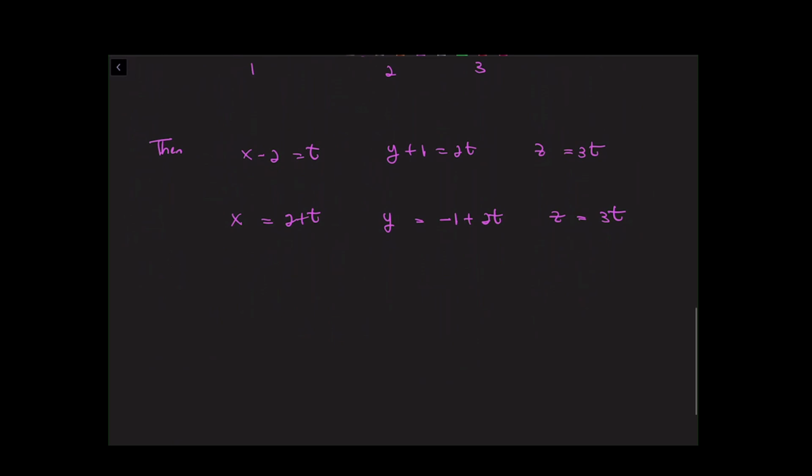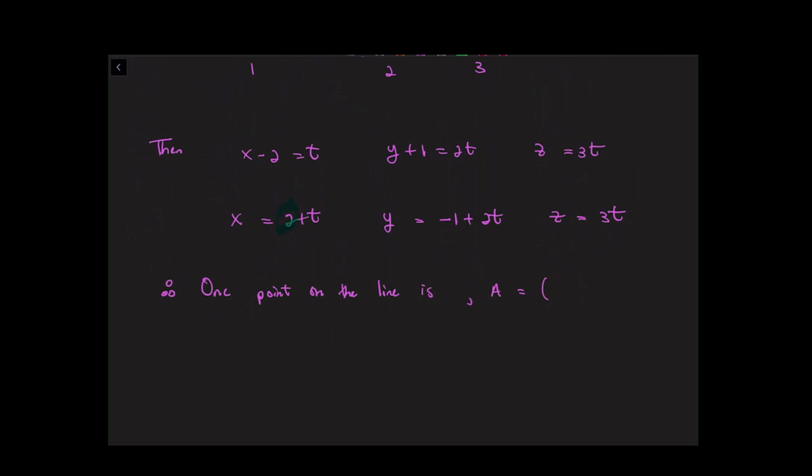So a point on the line is obtained by taking the constants here.